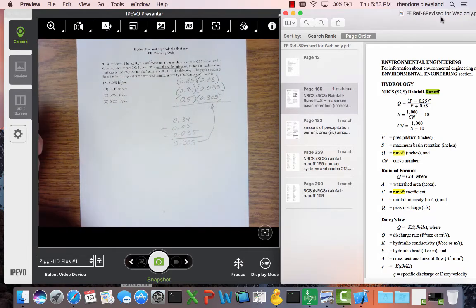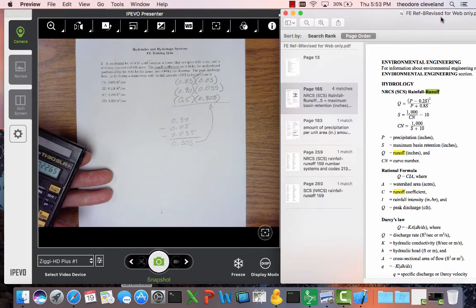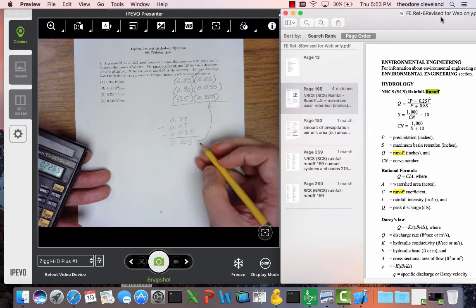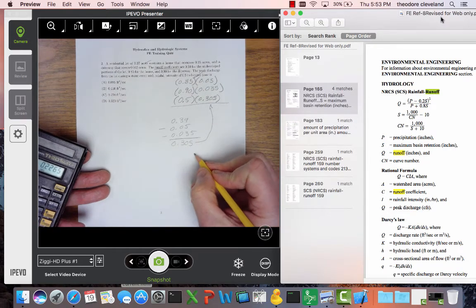So 0.305 times 0.5 plus 0.9 times 0.035 plus 0.85 times 0.05 equals a total of the summed product of 0.2265.